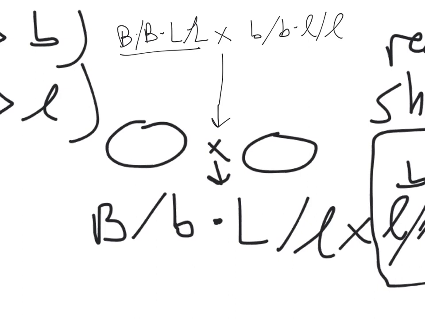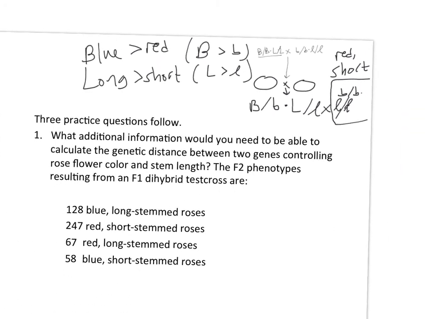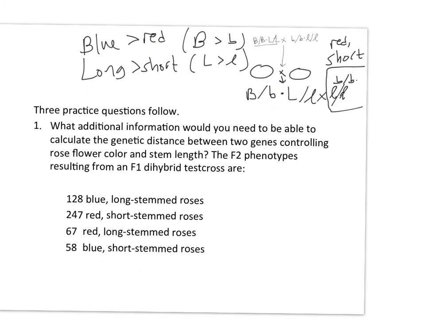Otherwise, genetic mapping doesn't work. So we have to have those pure breeding P0s that produce 100% of their offspring with the dihybrid genotype. And then we have to cross those dihybrids with known testers to get F2s. So with that information now, you should be able to calculate genetic distance between B and L.